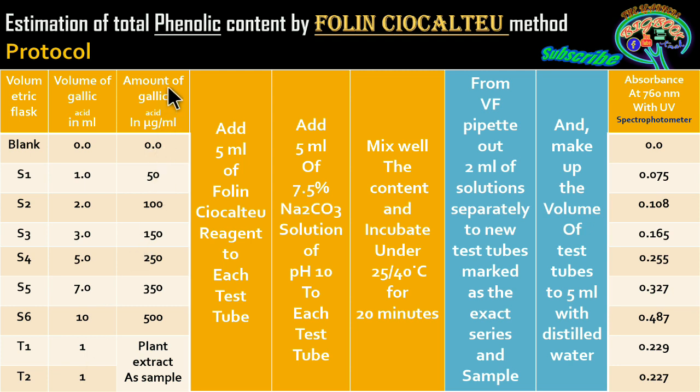Now, regarding the amount of gallic acid, as mentioned, with each ml there will be an increment of 50 microgram of gallic acid. So for the first it will be 50, 100, 150, and for the fourth it will be 250, then 350 and 500. This is the amount of gallic acid in the standard series.